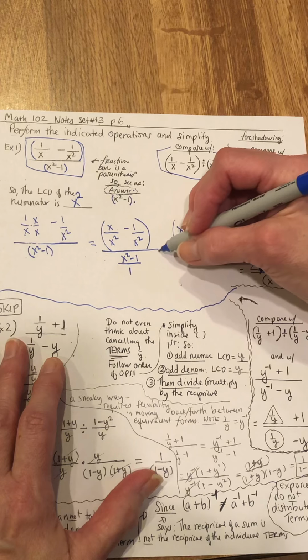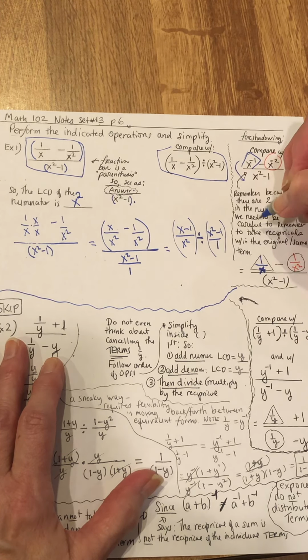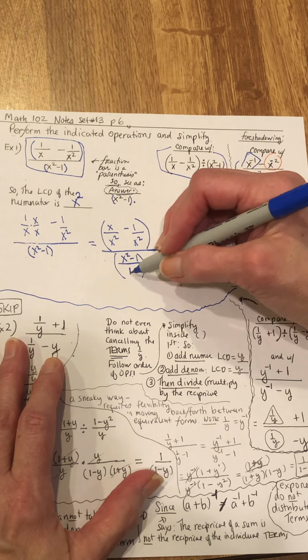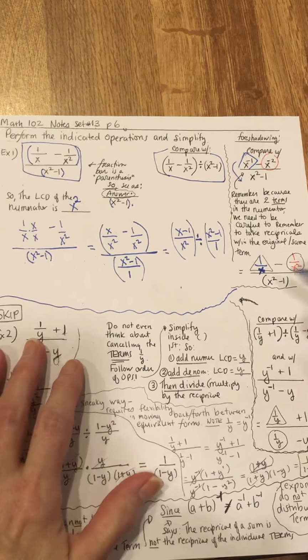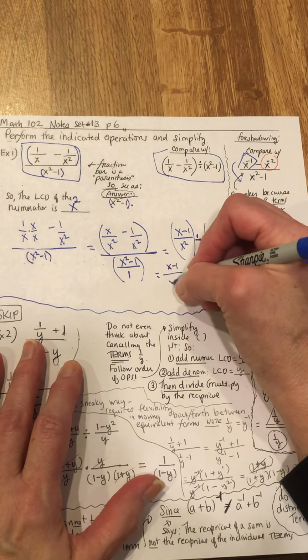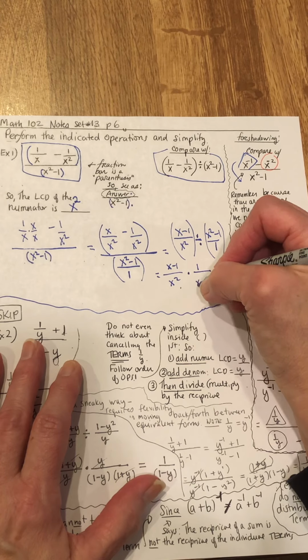I changed this division symbol, the fraction bar, to this division symbol, and then I made sure I took the denominator with the over 1 so I can see that when I flip this, that becomes 1 over x squared minus 1.